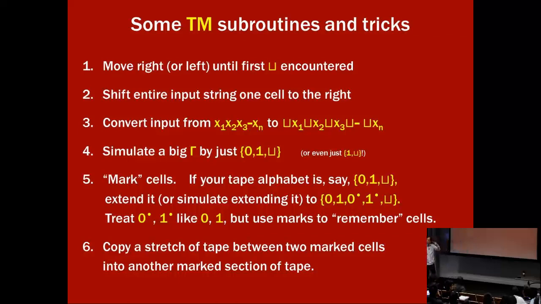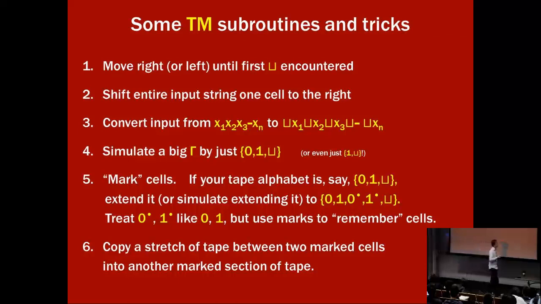So you remembered that symbol, and you could write it the next time. And that will have the effect that it not only moves to the end of the string, it actually shifts the whole string one space to the right. So that's a nice trick. And in fact, after the end of these slides, it'll be posted online. You'll see a Turing machine that does that. It's kind of like a bonus example for you to study.